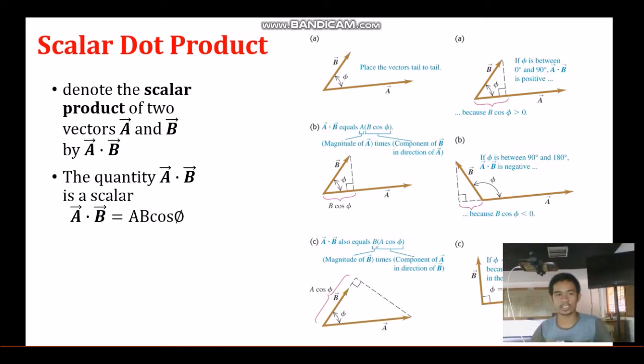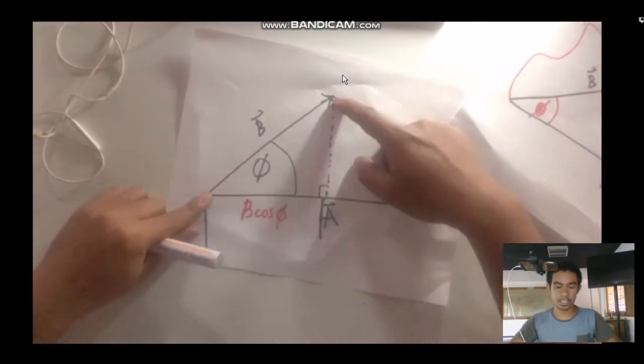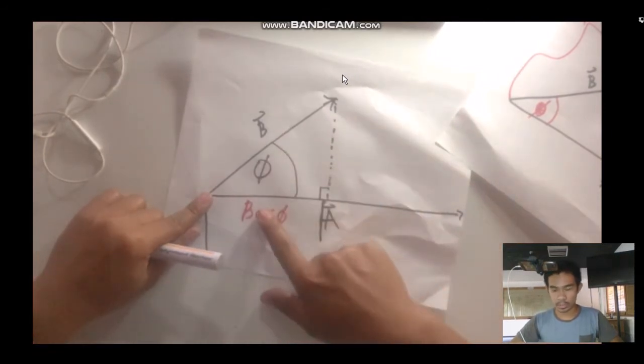The scalar dot product is a scalar, and it is defined as the magnitude of A times the magnitude of B times cosine of angle phi, where phi is the angle between the two vectors. So again, this is B cosine phi, which is the magnitude of vector B projected onto the direction of A.